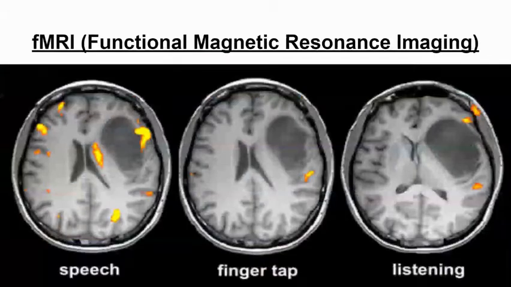Then we've got an MRI, magnetic resonance imaging. It uses spinning atoms. If you've ever had one on your knee, or any other body part that you've injured, to look at maybe ligaments and see how that's going on. It gives you a structural picture of that area, whether it's the ligaments surrounding your knee or your brain.